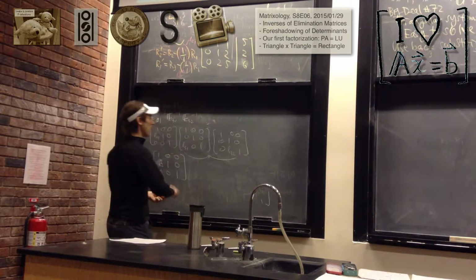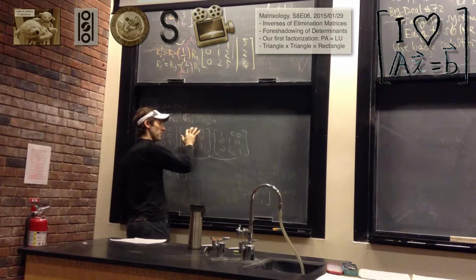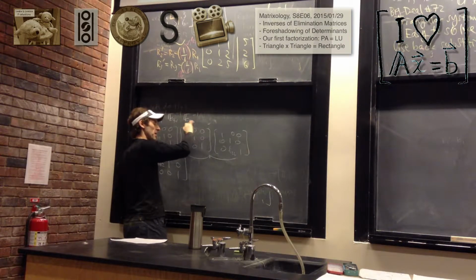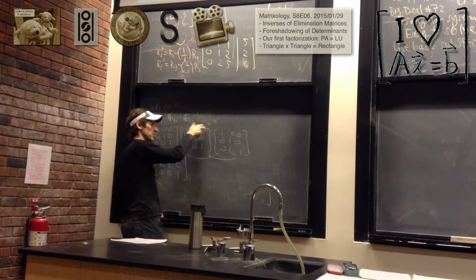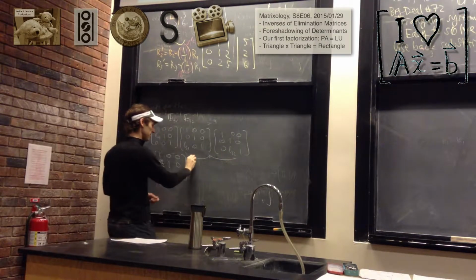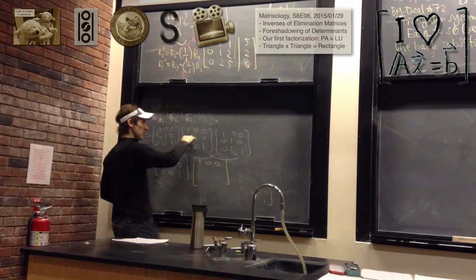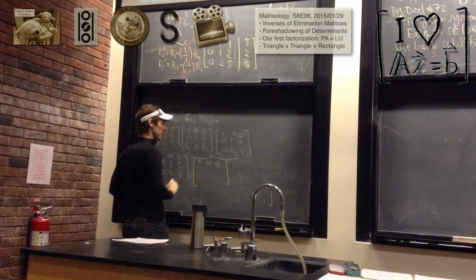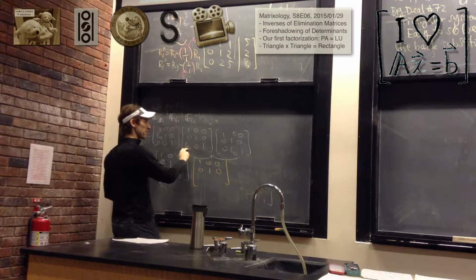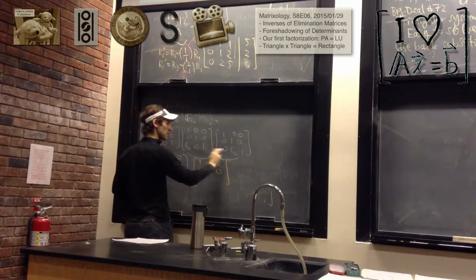Let's multiply these things. So you can keep thinking in this way, right? 1, 0, 0 says I just want one of the first row. This multiplication, instead of tiny little dot products, says give me one of this first row, 0 of this, 0 of this. So let's do that. First row is just 1, 0, 0. 0, 1, 0 says I want just the second row. And this one says L31, I want L31 times this row plus 1 times the last row.